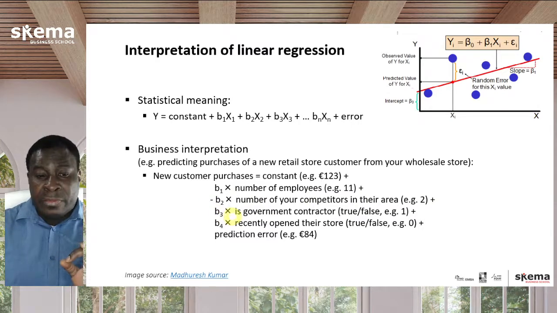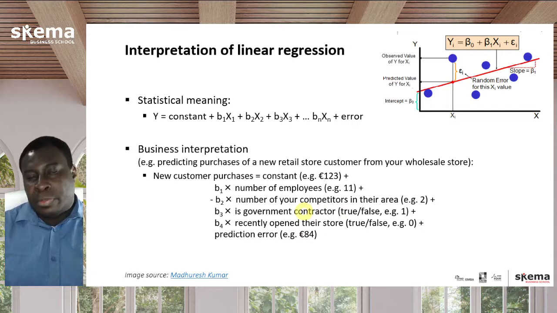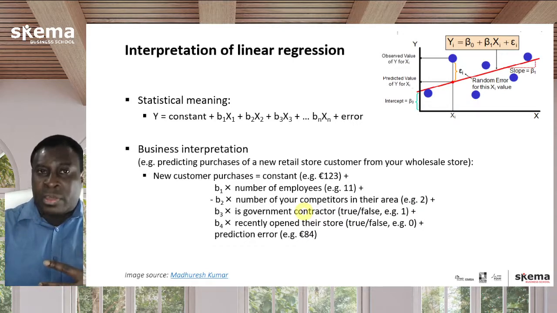Then there might be a factor of, are they a government contractor or not? This is a true false question, where, for example, true, they are a government contractor, because typically retailers that contract with the government have quite high volumes of sales relative to those that don't.